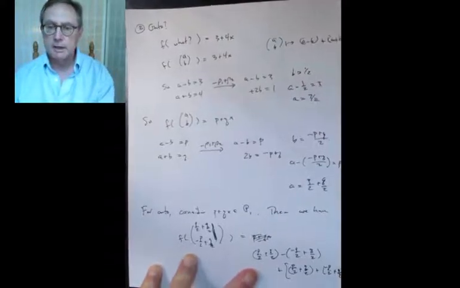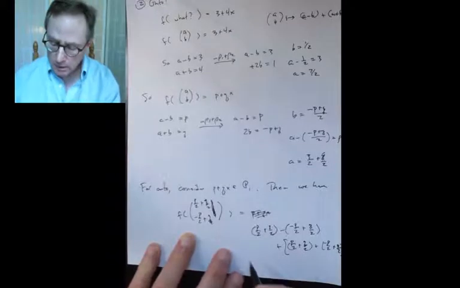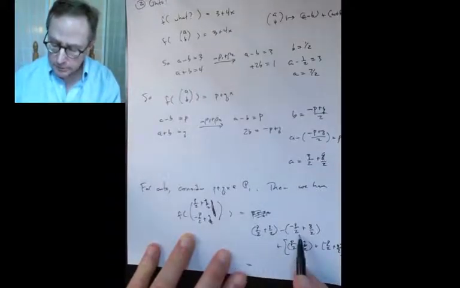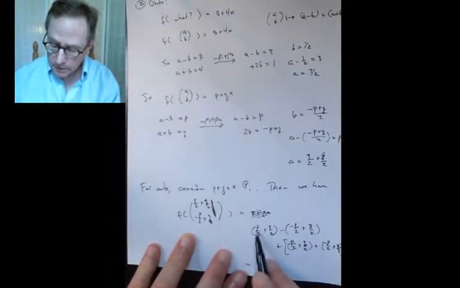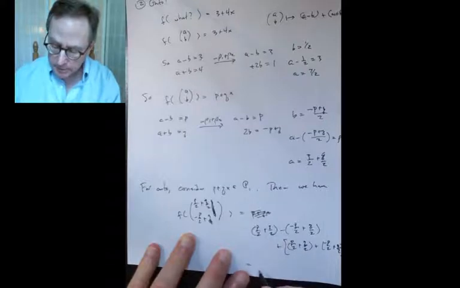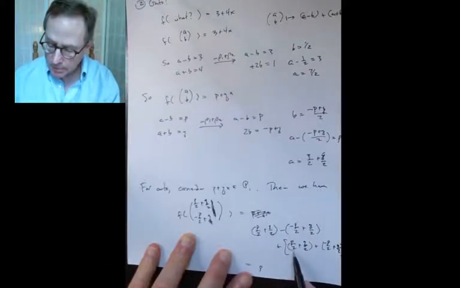Sorry about the handwriting. And when all the smoke clears, the p over 2's add to p, that minus minus makes plus, p over 2 adds to make a p, and the p over 2 and the minus p over 2 cancel to make a q.